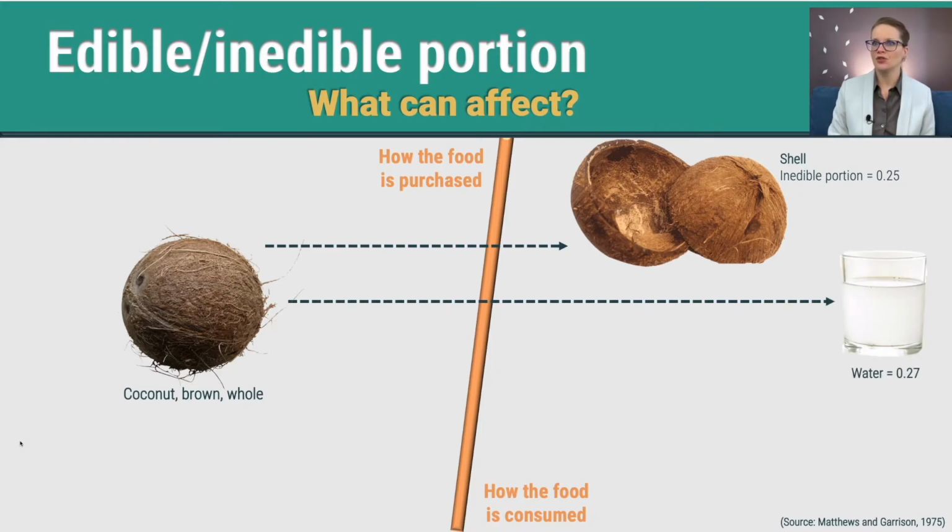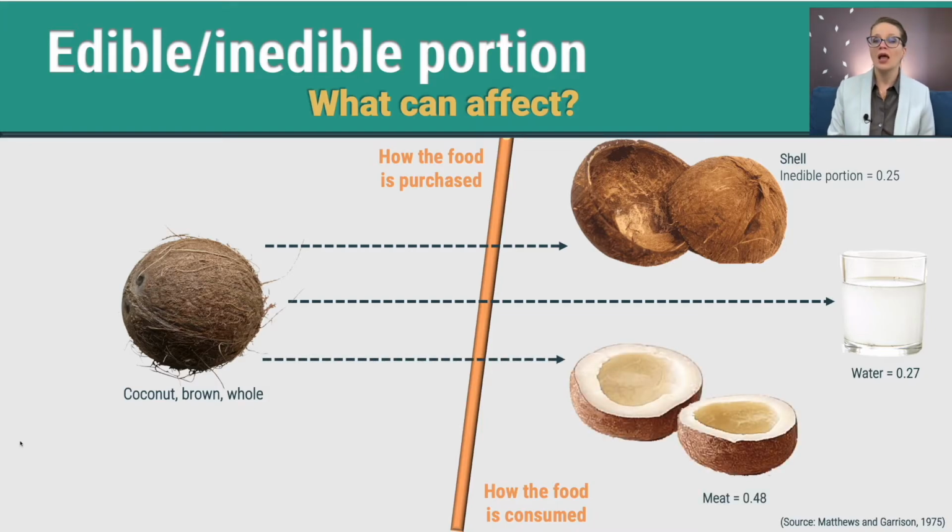We can consume from this coconut the water. So the water represents 0.27 or 27% of the food. And we can also eat the meat. The meat of the coconut represents almost half of the coconut, so 0.48 or 48% of the food.